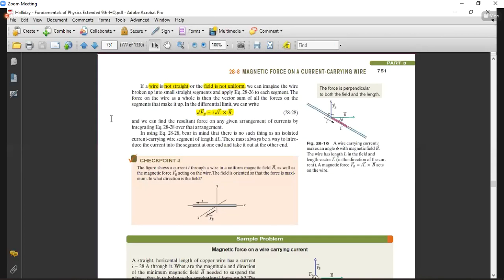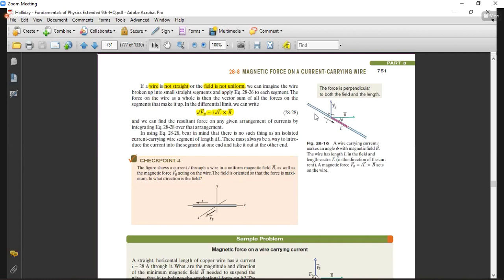This is the scenario which I was talking about yesterday: in case you do not have a straight wire, you have a curved wire, or if you do not have a uniform magnetic field, then you will divide the wire into very small segments, depending upon the type of irregularity.